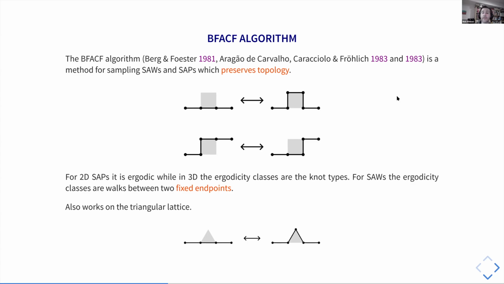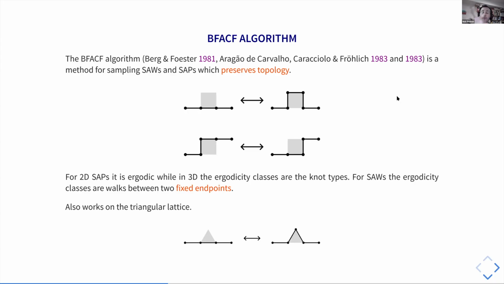Those are very good, and so that picture that I showed a few slides ago of Nathan, where he generated a walk of length 2 to the 25, was done using the pivot algorithm. It's very good for sampling very large objects, but it's not good at preserving topology.